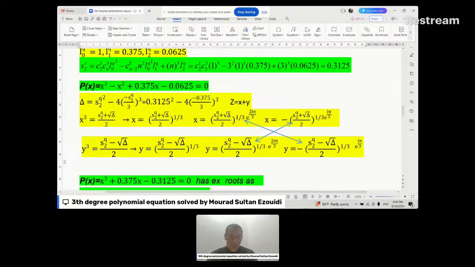Means you multiply the first term by minus exponential i pi over 3.